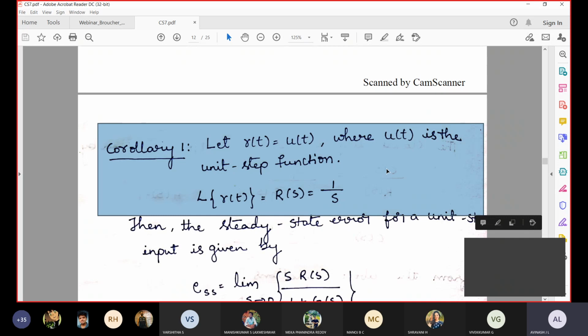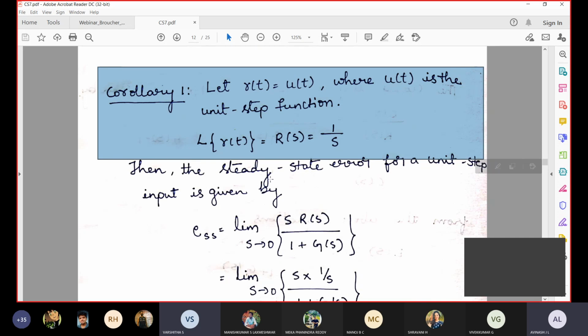So R of s will be equal to 1 by s. The unit step function Laplace transform is 1 by s. Is that clear? Yes, sir. Okay, now we will replace this particular value in the place of R of s.